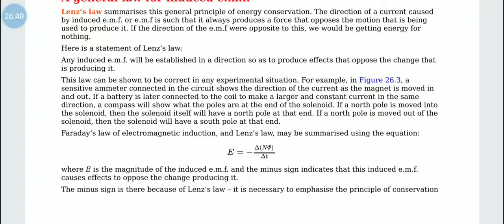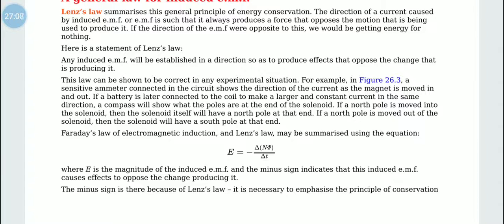Now, if we move a north pole of a magnet to the end of a solenoid, we will see then that that end of the solenoid will become a north pole at that point. If the north pole is moved out of the solenoid, then the solenoid will have a south pole at that end.